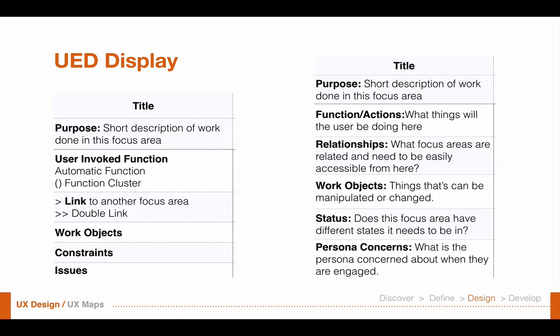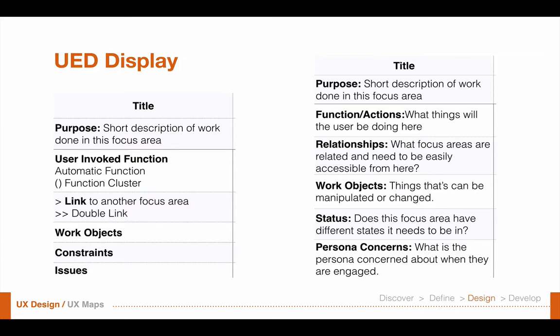Status. Does this focus area have different statuses? For example, if we cook in the kitchen, the stove may look different from the beginning to the end, after we cook. So it should have different statuses. And refer to the user interface design.